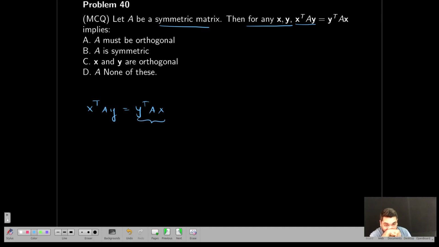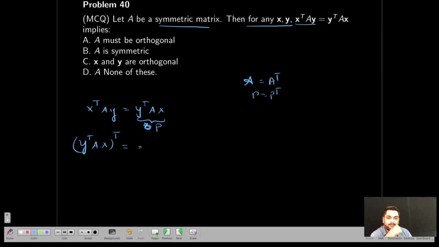So let us check the transpose first, whether it's symmetric or not. Transpose of y transpose A x. What is symmetric? A equal to A transpose, right? Here, take some P, so P equal to P transpose I am finding.